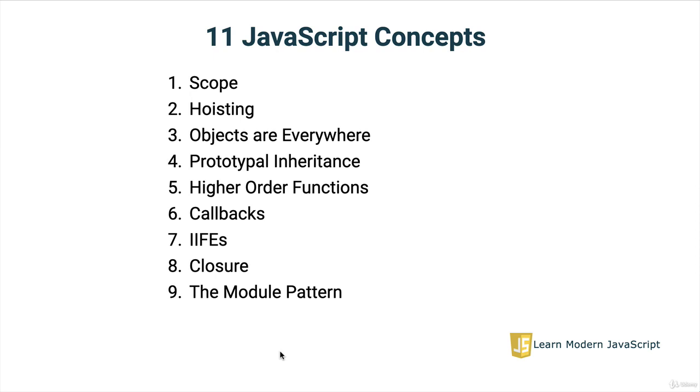Then the module pattern. Very important pattern for developing, making sure that code is self-contained and that we're avoiding conflicts with variables and functions. Understanding this is simply important because it's not a straightforward idea.